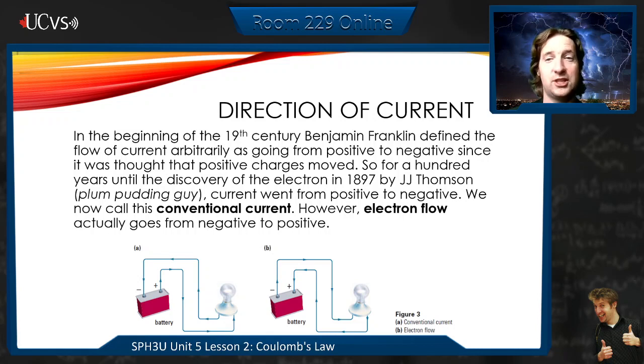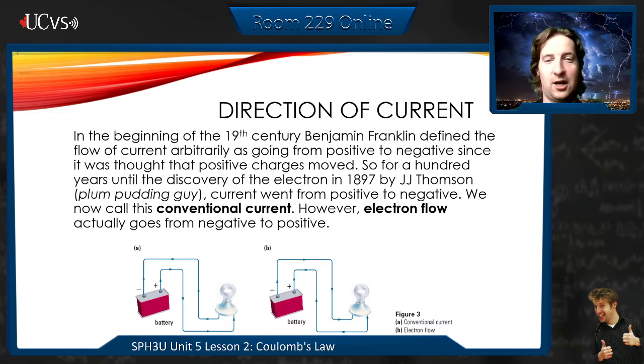So instead, we're just going to leave it as saying that conventional current goes from positive to negative. You'll see in lesson 4, I think, we'll be using the concept of conventional current to define some directions of magnetic fields. But remember that the electrons are actually traveling the opposite direction.